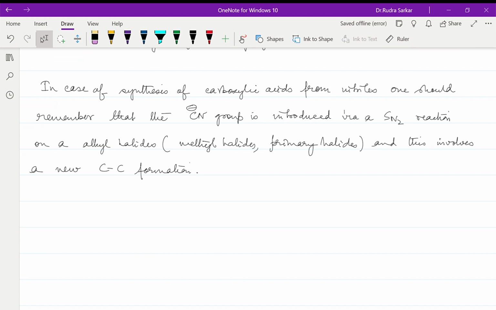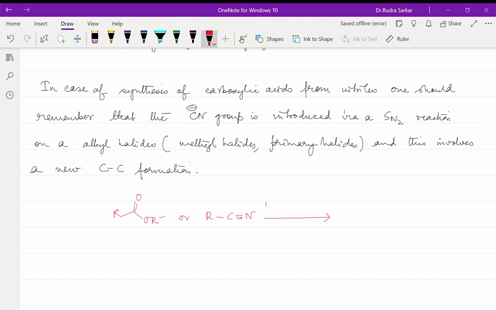So basically, to summarize the whole theory that I taught you over here, we can say this is our ester, or this is our alkyl nitrile.